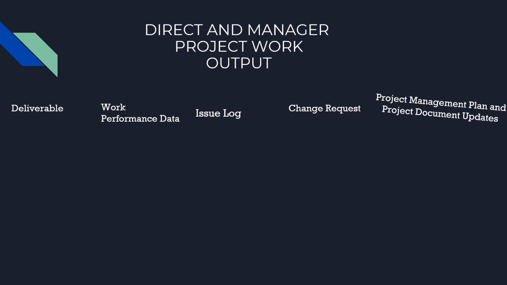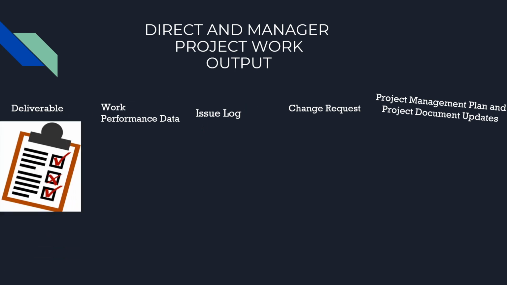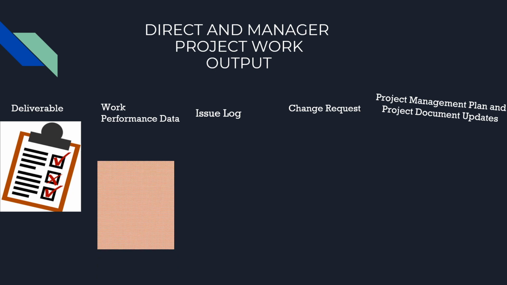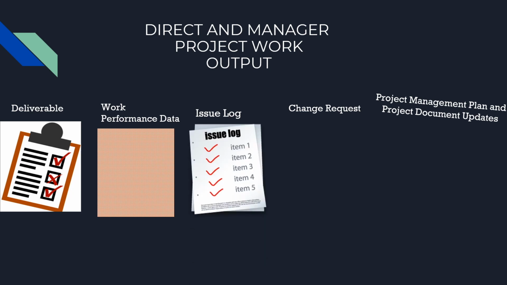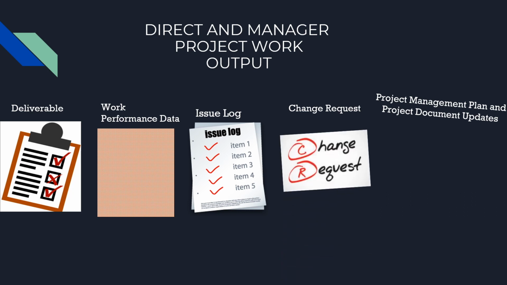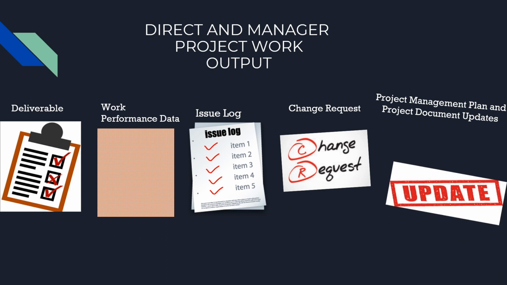First is deliverables. Then work performance data, which will tell how much work has been completed. Issue log, which determines what issues are going on in the project, and change requests asked by the project stakeholders, along with updates of the project management plan and project document updates.